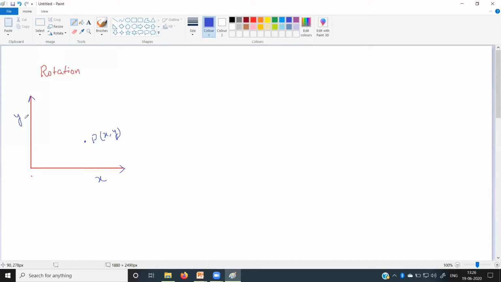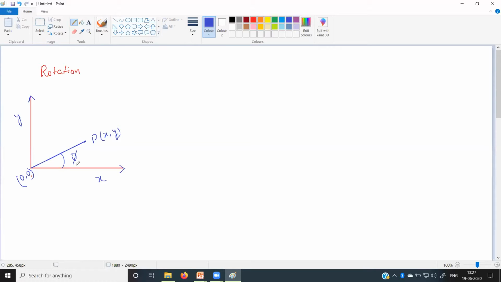Now this point P will be rotated by some angle as per your choice. So how can this rotation operation be performed? If I connect the point P with the origin, which is (0, 0), we get some angle. Consider this angle is phi.